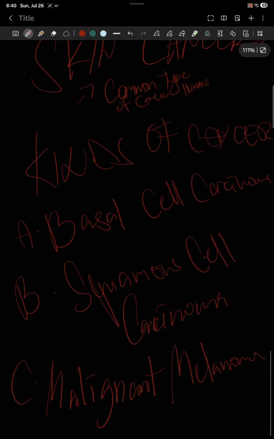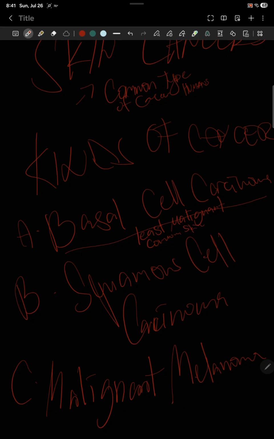We have here the basal cell carcinoma, which is the least malignant, meaning not very cancerous, and the most common skin cancer.